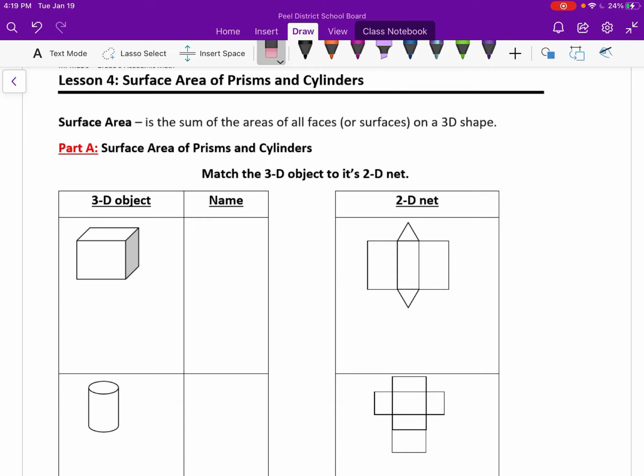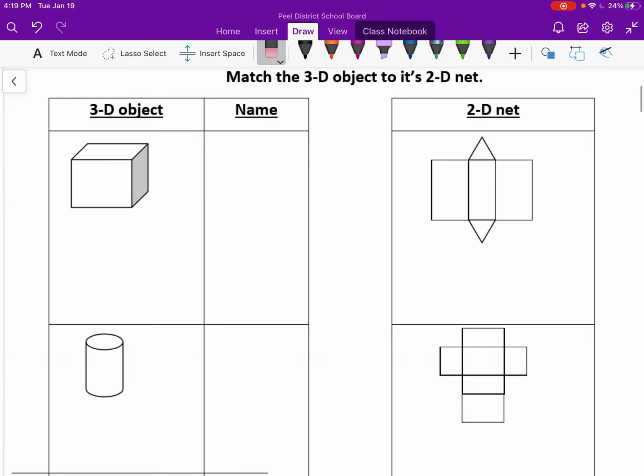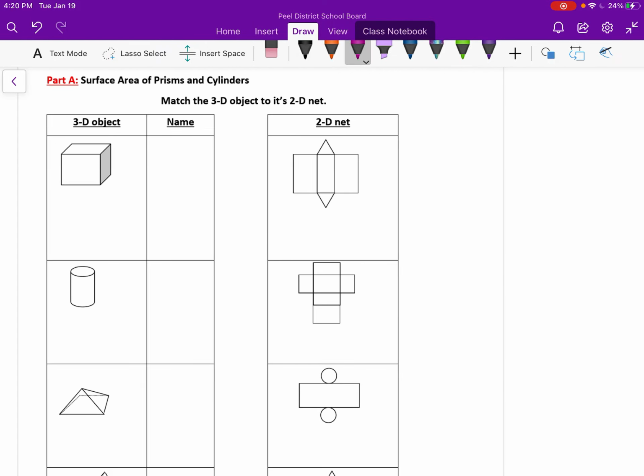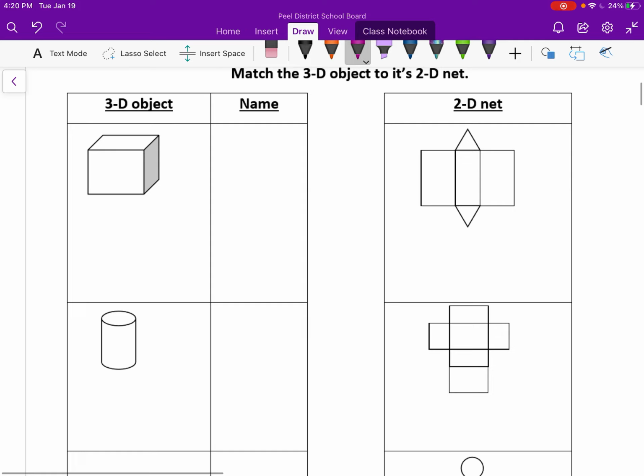Okay, so we're just going to start this off by saying, let's match the 3D object to its 2D net, right? So if I was to take this box and I was going to dismantle it and make it flat on the ground, what would it look like? Before we even start that, let's label what we call these things. So this is a rectangle connected to another rectangle through these parallel lines, right?